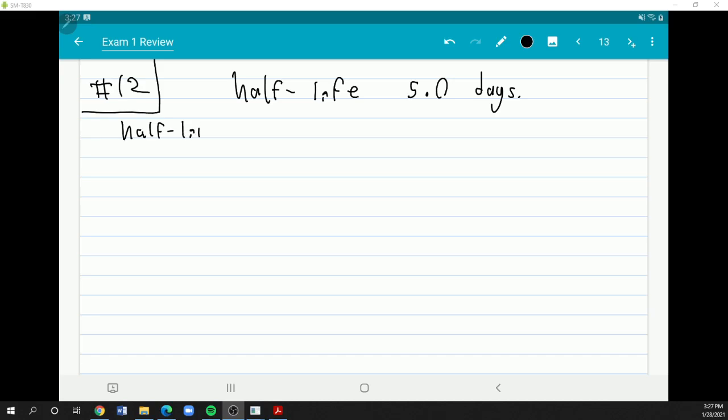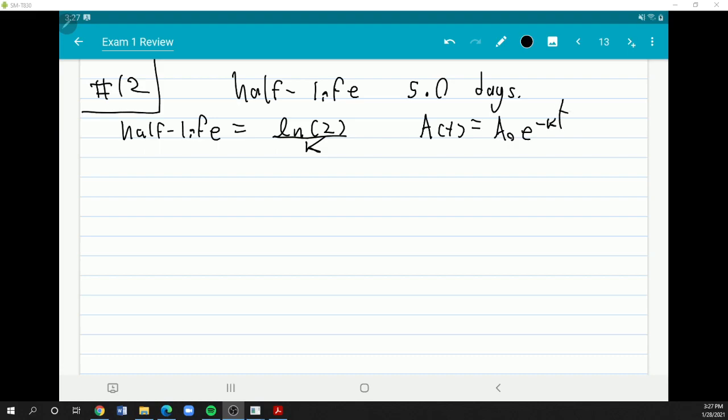we know that the half-life, this is a formula, is equal to the natural log 2 over k. What's k? Well, we also know that the amount remaining is an exponential function. So A of t is equal to A naught e to the minus kt.